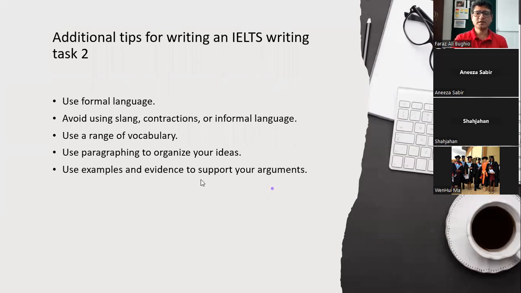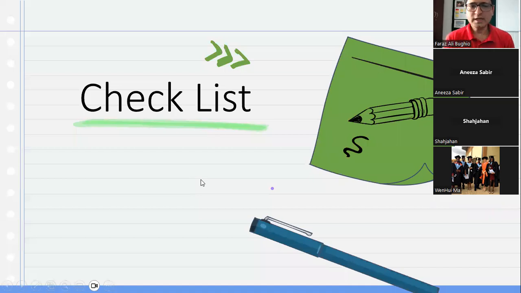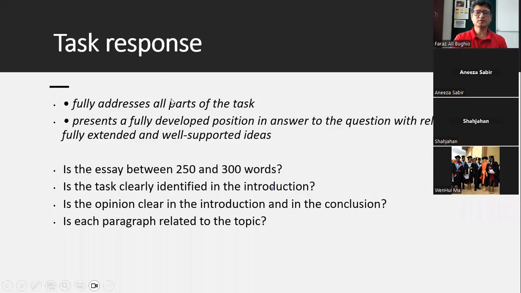So, right, guys, now I'll be providing you a checklist. The checklist is based on the criteria that examiners use to give you bands. So, task response: try 250 words, 250 to 300. 300 can be too much, but 280, somewhere in between, right?